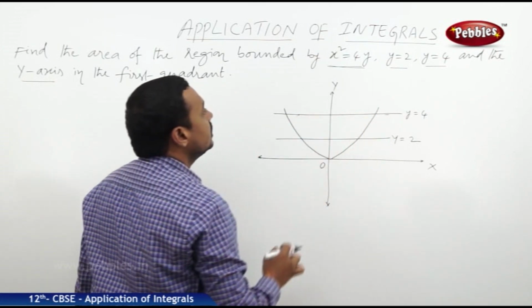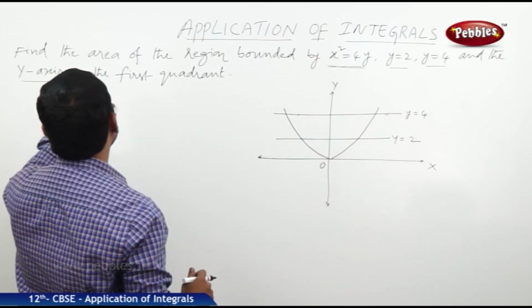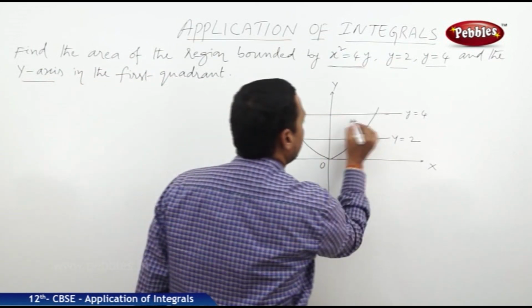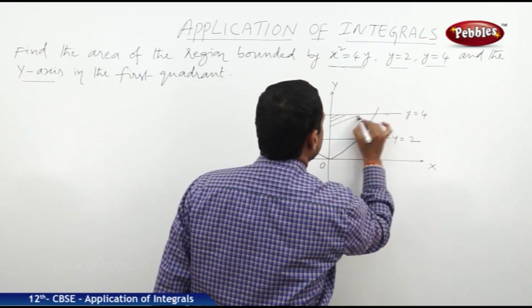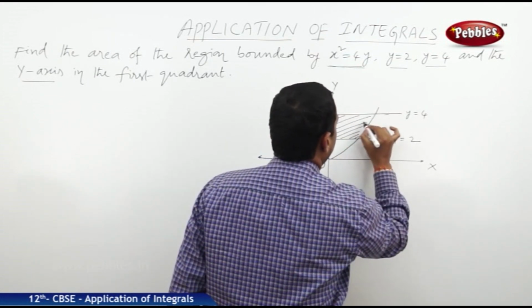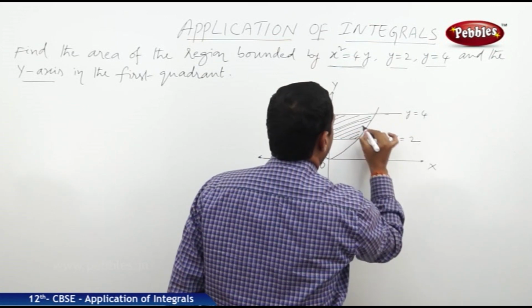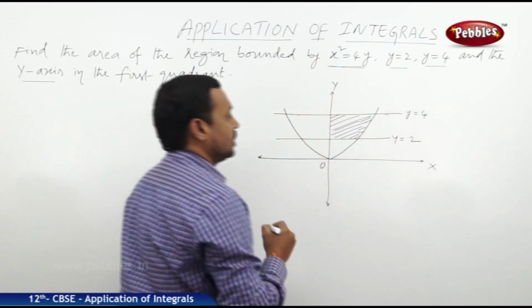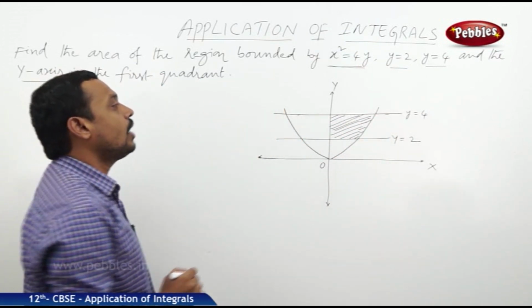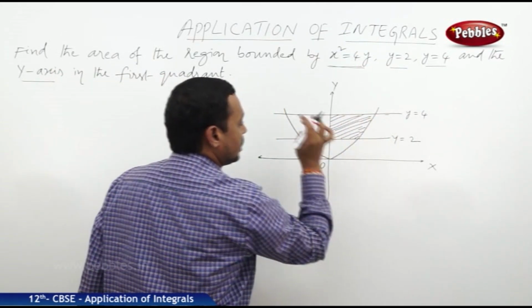But here it is specially given that you just find the area of the region in the first quadrant only. That means this part is the required part of the region. Now we have to find the area of this region.